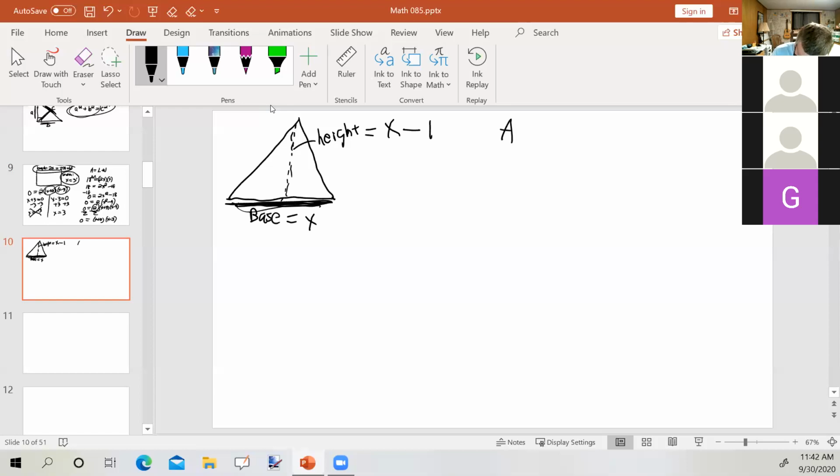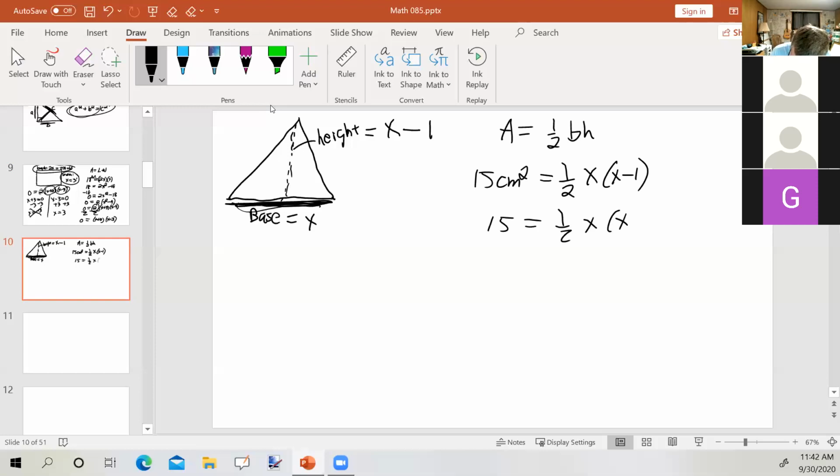The formula is area is 1/2 the base times the height, as we talked about a little bit earlier. We're told that the area is 15 square centimeters. We're told that the base is x and the height is x minus 1. So we've got 15 equals 1/2 x times x minus 1.